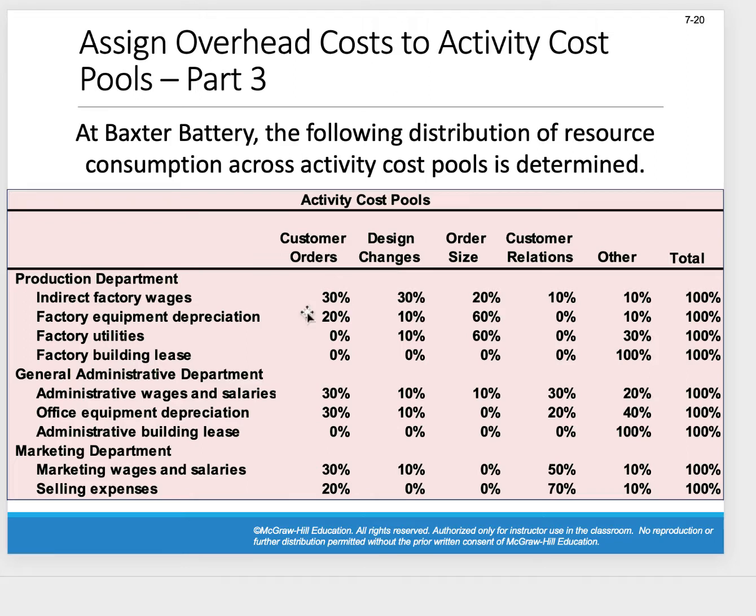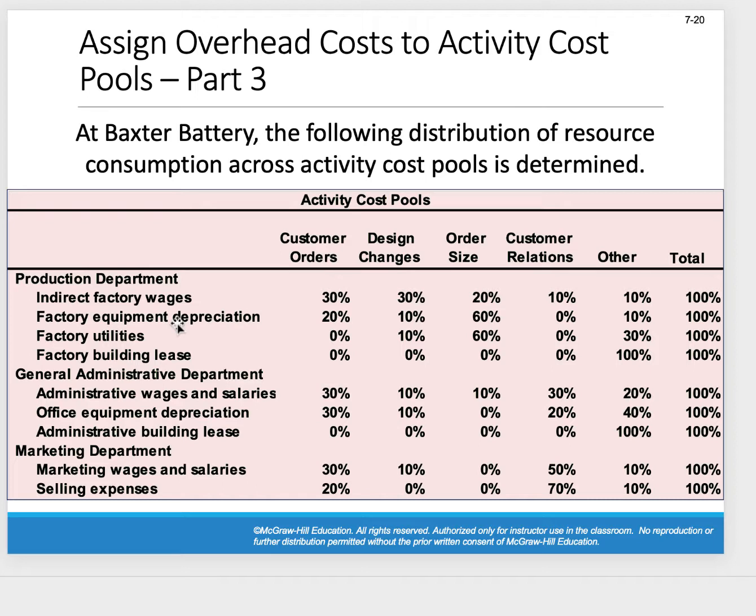Okay, so we sit down with the production manager and we say, hey, you have all these overhead costs. We need to associate those with our activity cost pools. Okay, great. So I need to ask you a few questions. Production manager says, no problem. What's up?